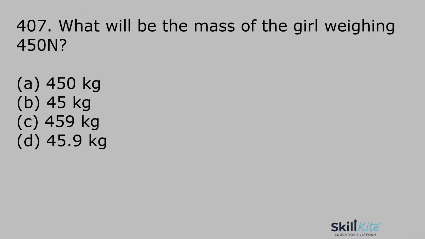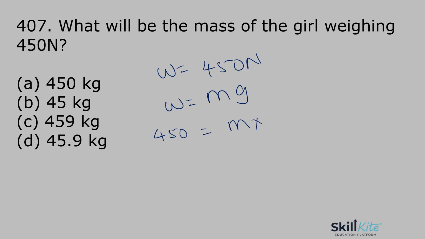What will be the mass of the girl weighing 450 newton? Weight equals 450 newton. The weight formula is mass into gravity. So 450 equals mass into g, where the g value is 9.8.